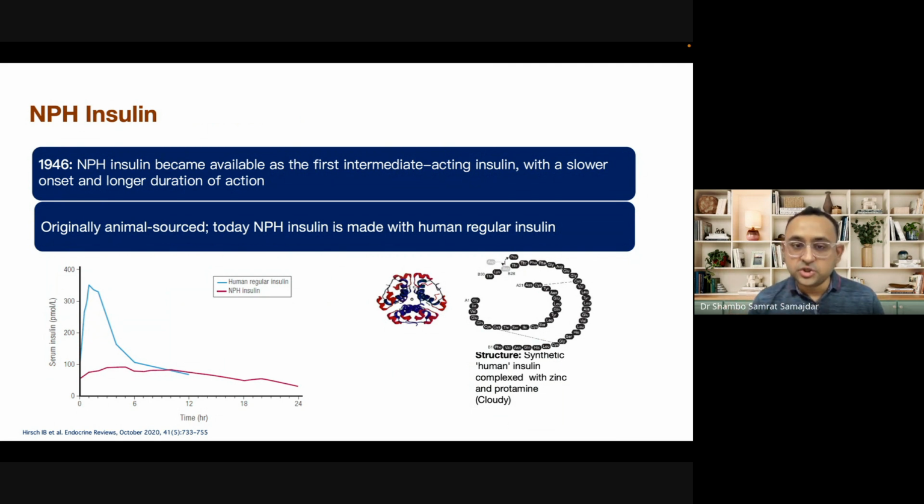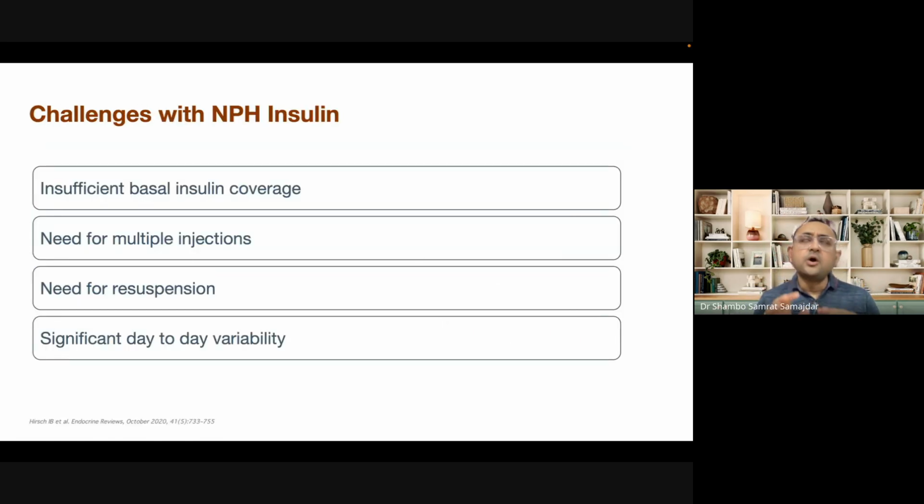Originally it was of animal source. Today we have NPH insulin made from human regular insulin. You can see the structure, the synthetic human insulin complexed with zinc and protamine, which makes it a little bit cloudy.